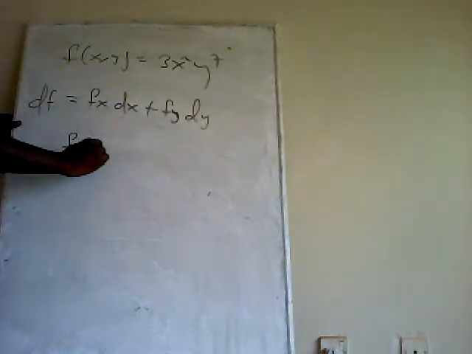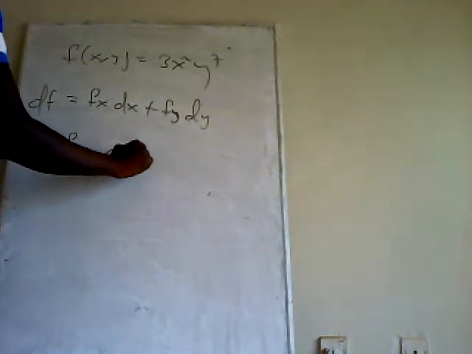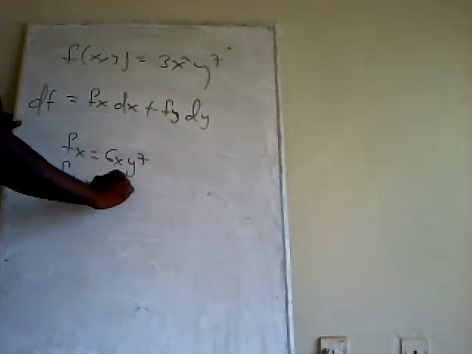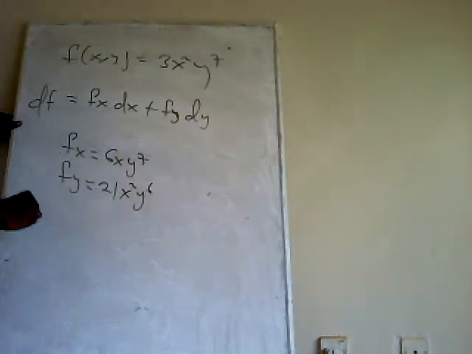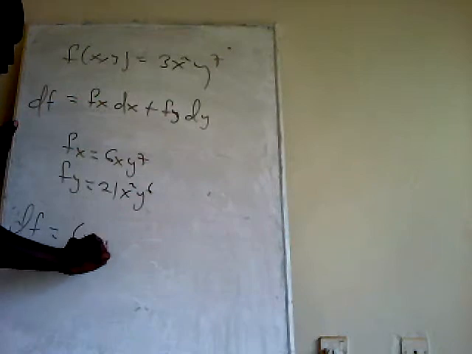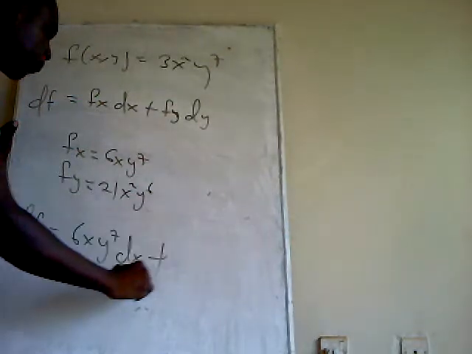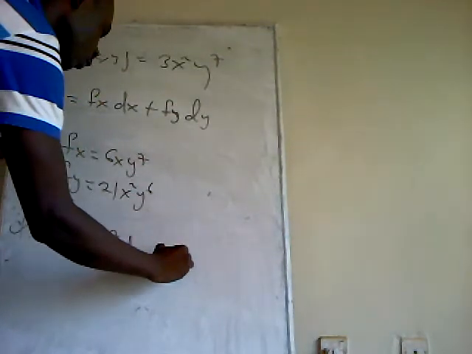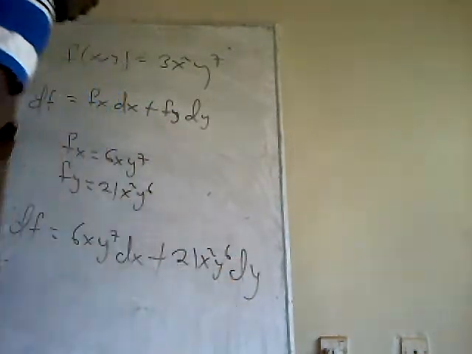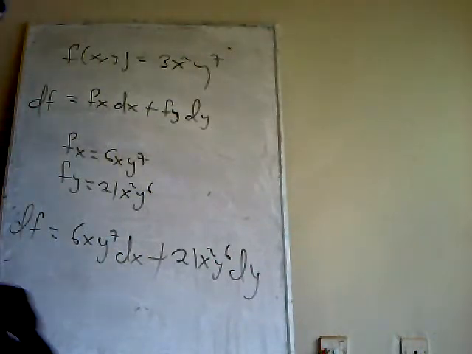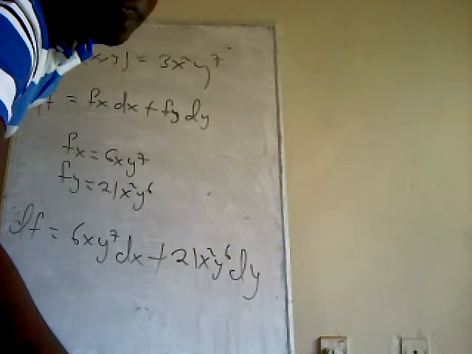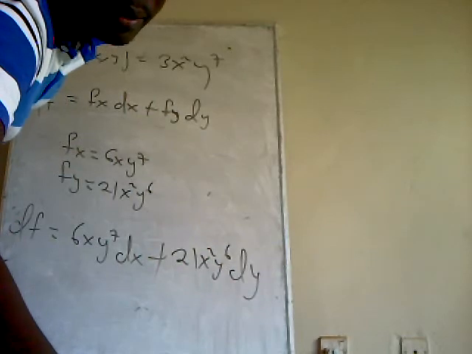Now fx here is 6x y to the 7 and fy is 21x squared y to the 6. So my df is just fx, which is 6x y to the 7 dx, plus fy, which is 21x squared y to the 6 dy. That is my total rate of change. I hope you understand that one.